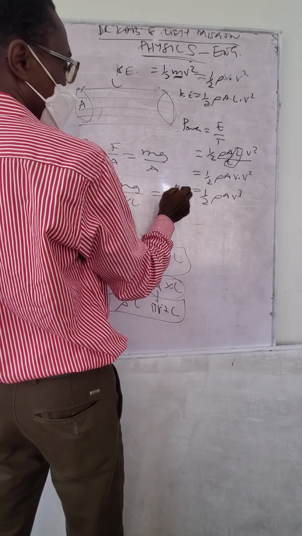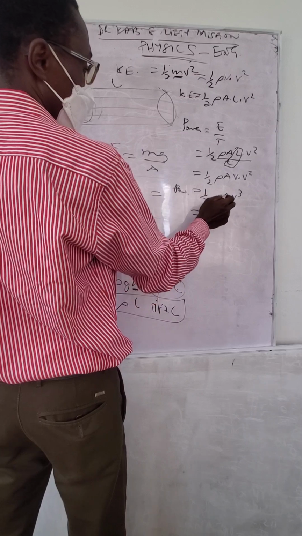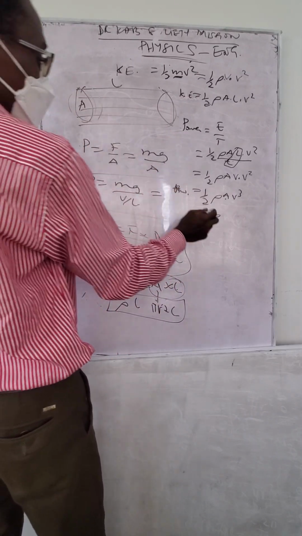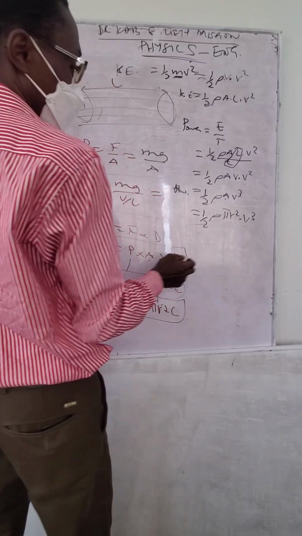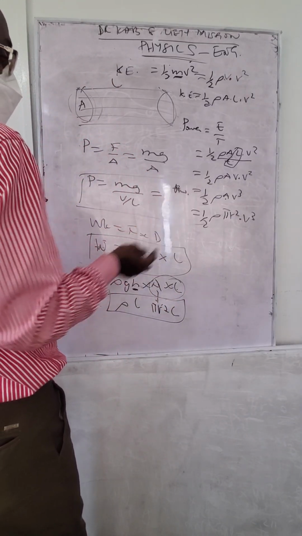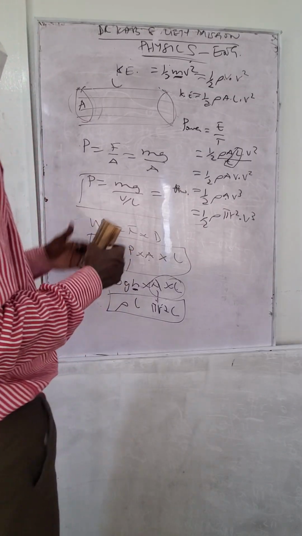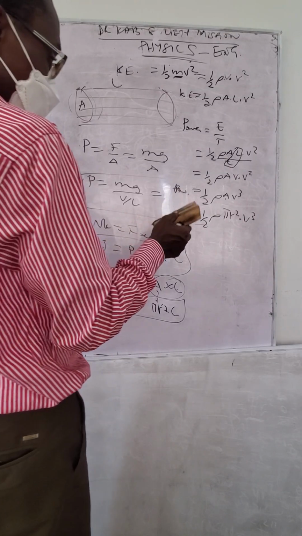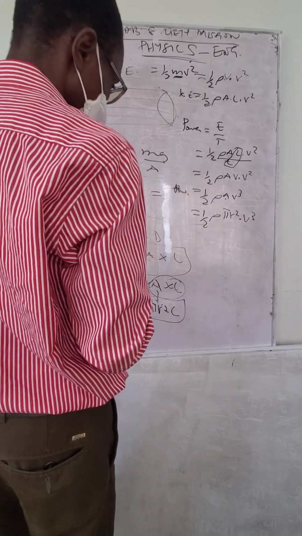This is the power. This can also be expressed with the cross-sectional area as pi r squared, so half rho pi r squared v to the power 3. Depending on whichever way you want to look at it, you go like that and then you get your answer. Right.